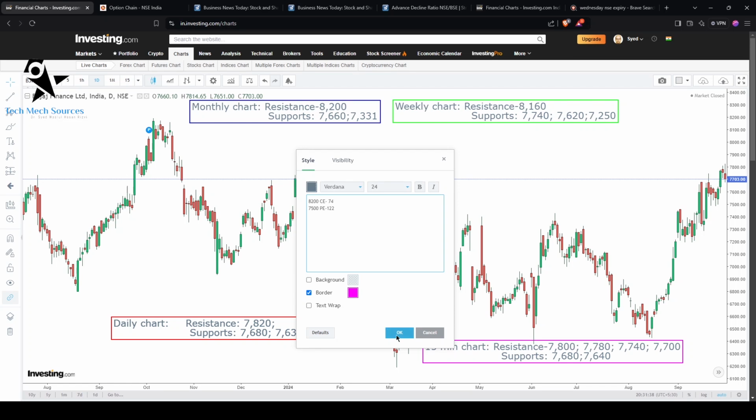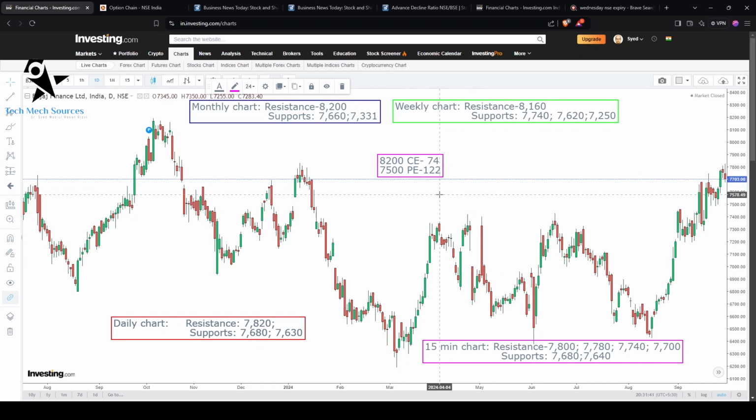Great. So this is what you are going to invest: 74 plus 122. These are the number of points which we are going to invest in. 74 plus 122 is 196 points. You multiply 196 by 125 and you get 24,500.